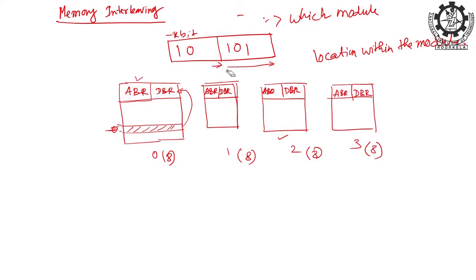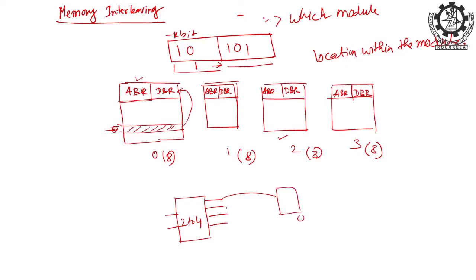So, then what we can do here: this bit will be attached with an internal decoder, as I said in the earlier class. Let us say this will be a 2 to 4 decoder, and it will select any one of the modules.